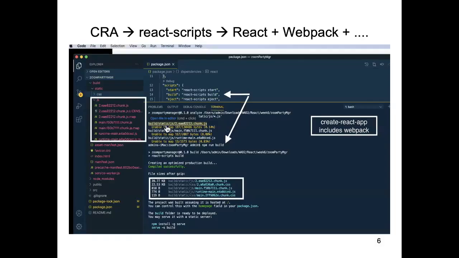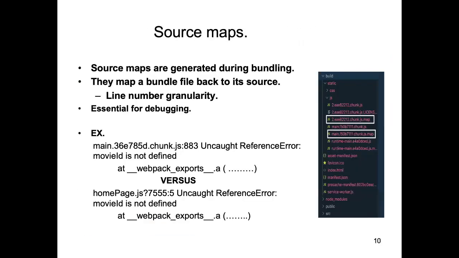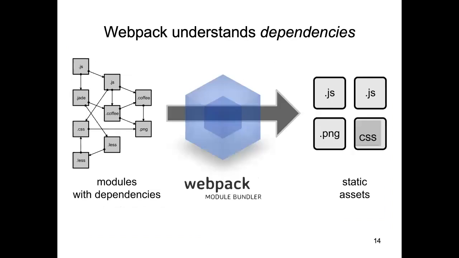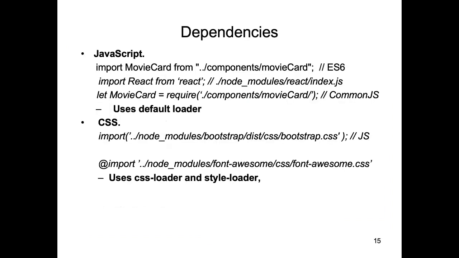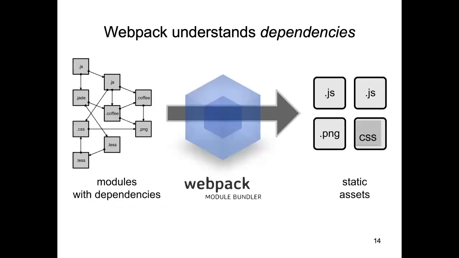Now, we talked then about the whole area of optimization in relation to this bundling process. By optimization, what we're getting at is that we want the initial load time of our application into the browser to be as quick as possible.